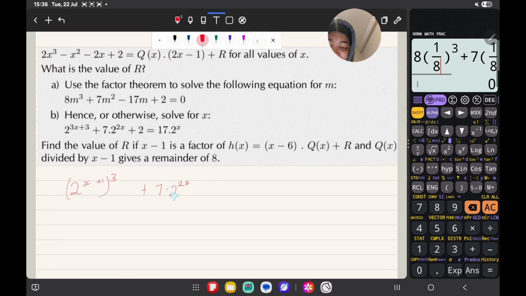This one is very interesting. Something will click. It looks like somehow they are connected.